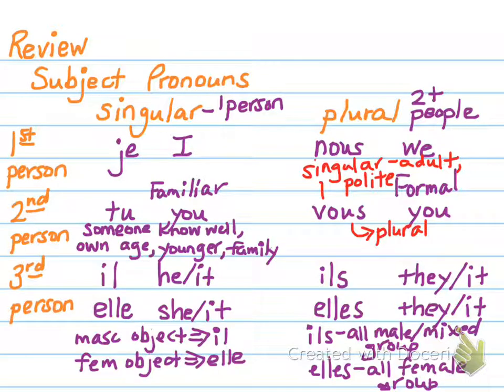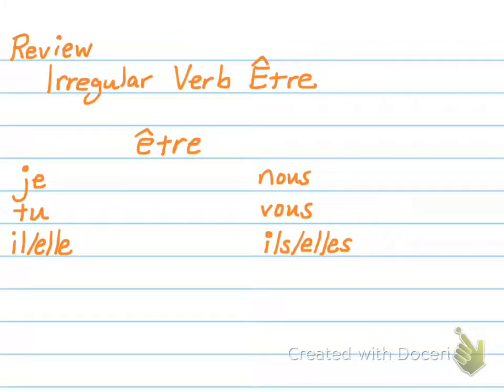For example, when I talk to you, meaning everybody in the class, I use the vous form. So vous is a little bit different, and that's why we call it the formal you. So these were your subject pronouns. S'il vous plaît, répétez: je, tu, il, elle, nous, vous, ils, elles.